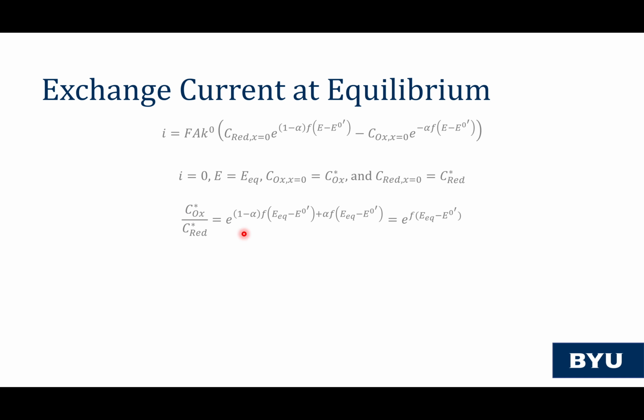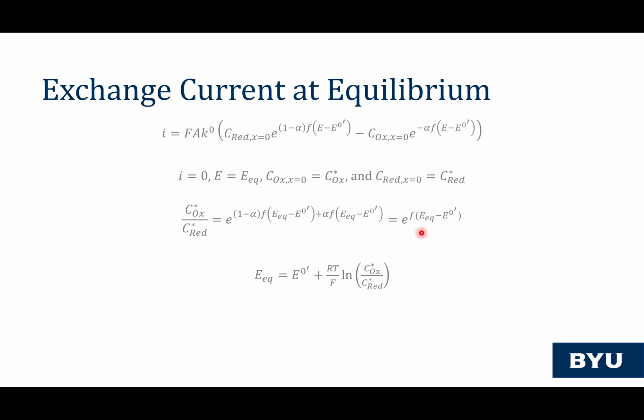Then we combine terms in the exponential term until we're left with this exponential term, where remember this little f, that's Faraday's constant divided by the universal gas constant and temperature. And then we have the difference between the equilibrium potential and the formal potential. And just again, note that this was derived specifically for one electron reactions.